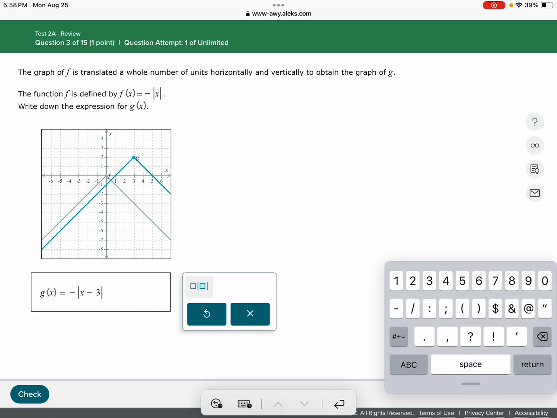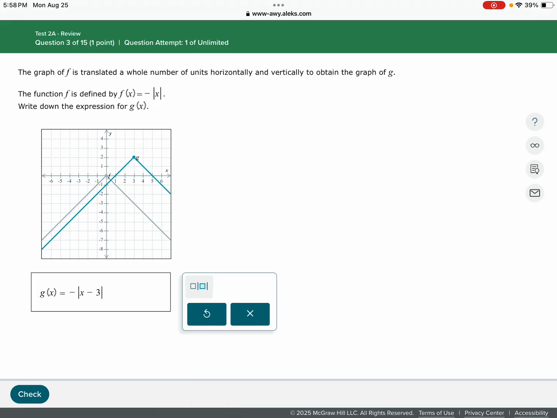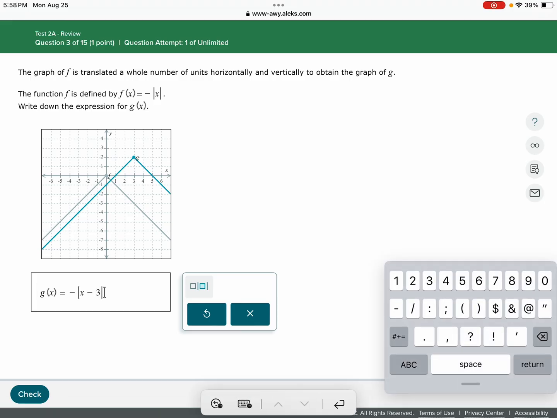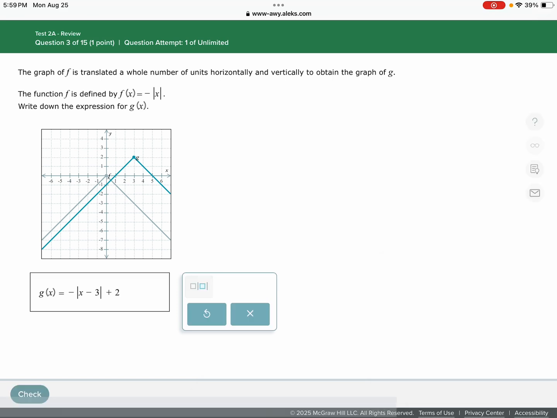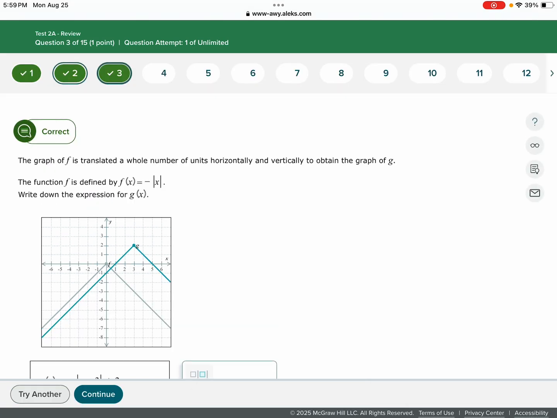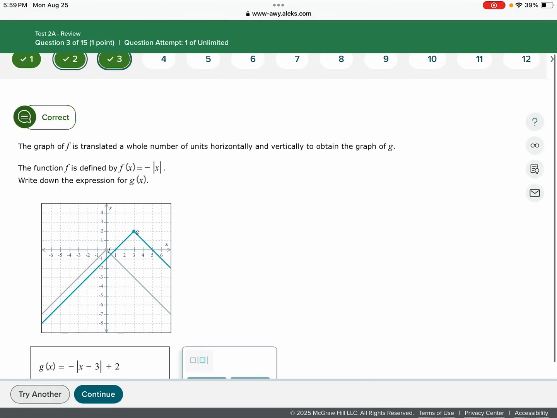Then on the outside, can I put my cursor on the outside? There we go. We need to have plus 2. Let's check and see if that's correct. All right, we're good.